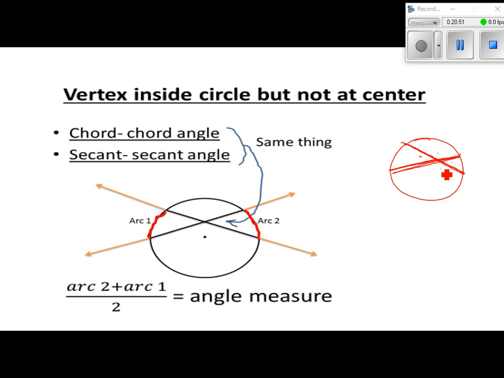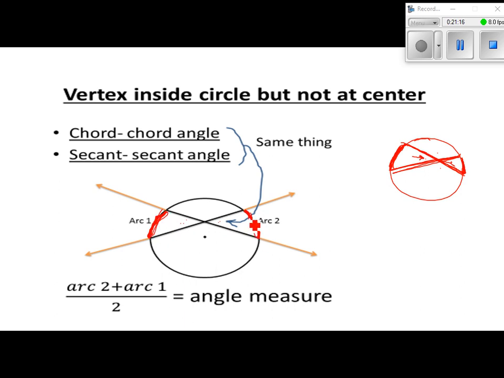But you'll notice that these chords cut off an arc here. If I want to deal with this angle right here, it cuts off this arc, and then on the other side, it cuts off this arc. We know that these 2 angles are vertical angles, so they have to be the same. These are 2 arcs that it cuts off.